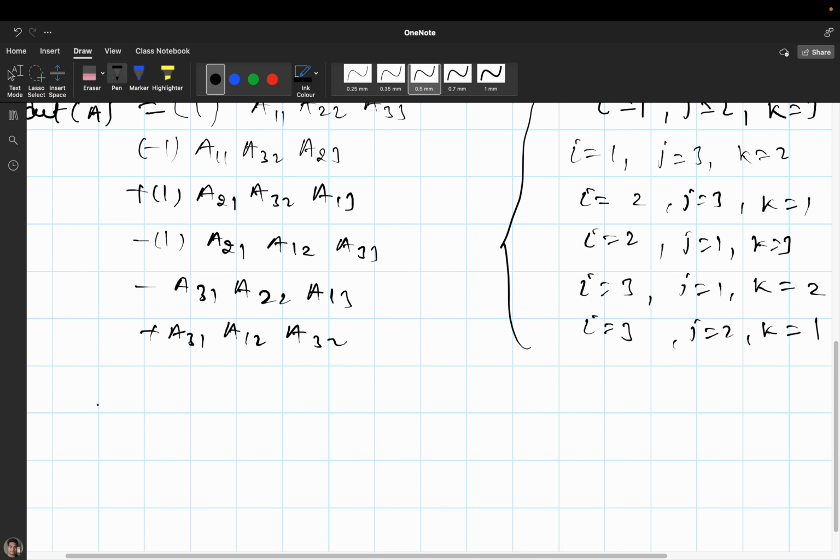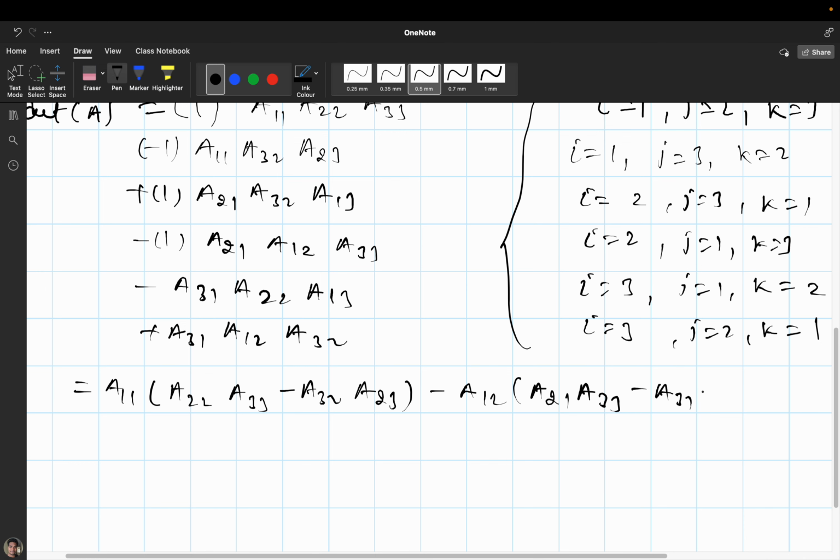Now I will arrange this. So you can see that when I take a11 common from this, then that will be a22, a33 minus a32, a23. When I take the common a12, then that will be a21, a33 minus a31, a32.